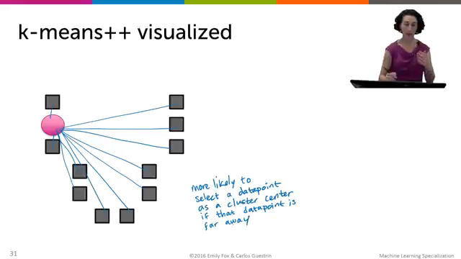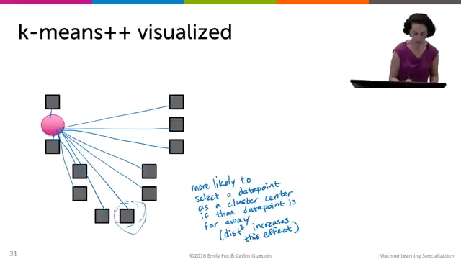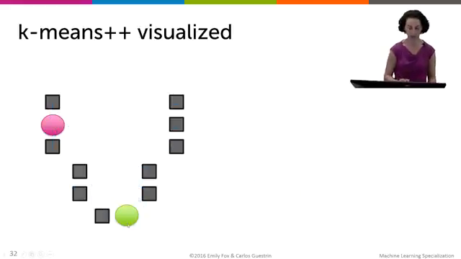And the fact that in the algorithm we're looking at the distance squared makes that even more exaggerated. So we're very likely to sample one of the data points that's far from this cluster center as the next cluster center. And so maybe we select this observation as the next cluster center.